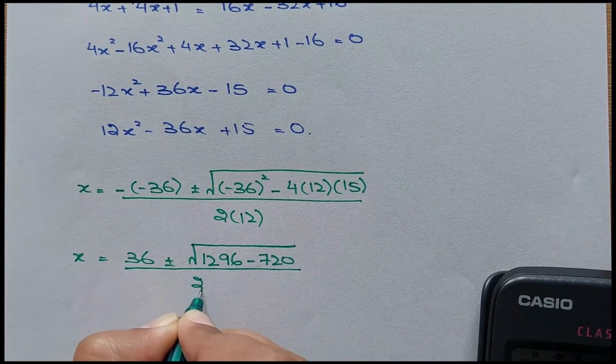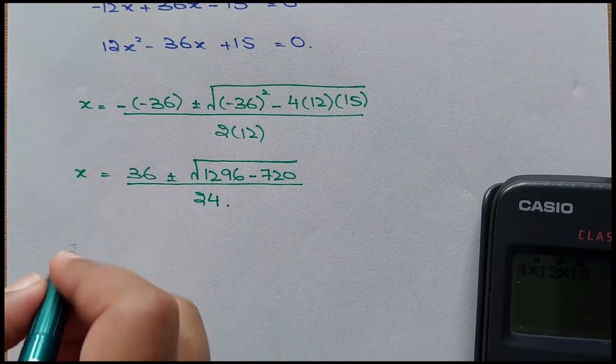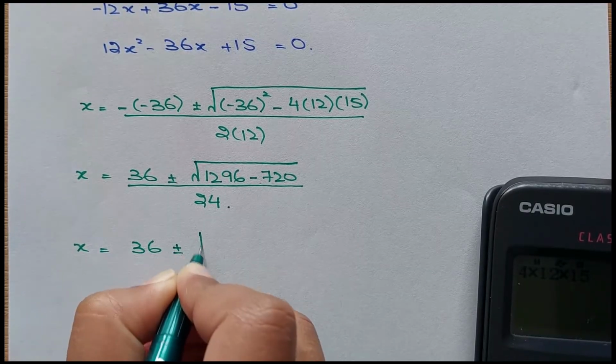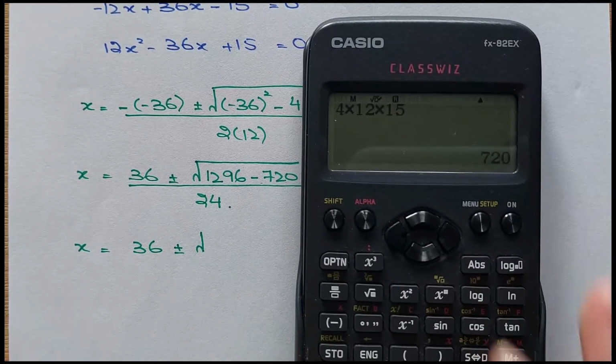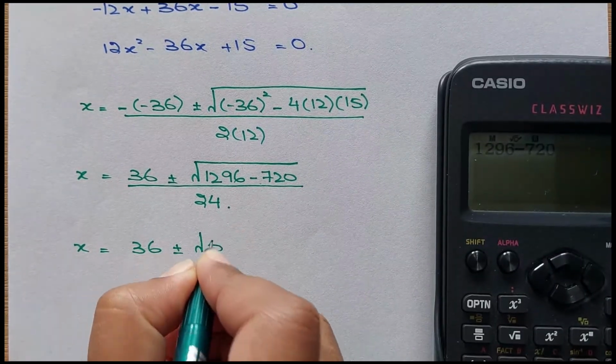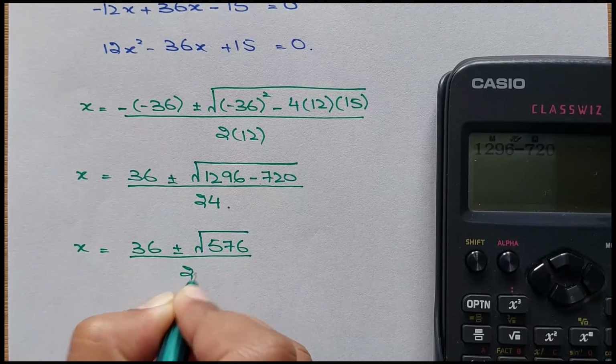And 12 times 2 is 24. Okay, now further simplification, x equals 36 plus minus square root of 1296 subtract 720, which is 576, and then dividing by 24.